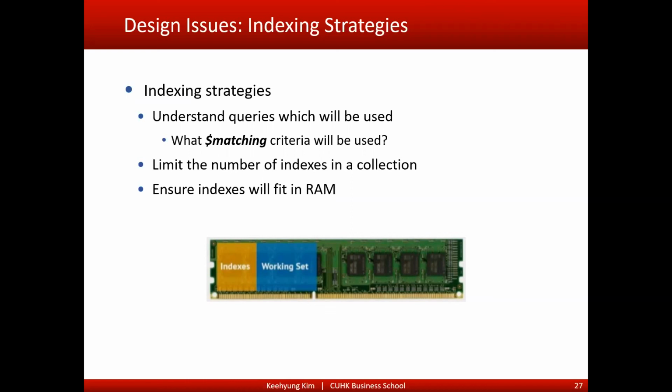And if some part doesn't fit in the RAM, it will be stored in the hard disk drive. So later, if we need that information, we have to retrieve it into the RAM, and some of the other information in the RAM should be saved back into the hard disk drive. We call that swapping in computer science. And if that happens, it actually slows down the process because swapping takes a lot of time. So that's the last point. When you design an index, you have to ensure that the index will fit in the RAM.